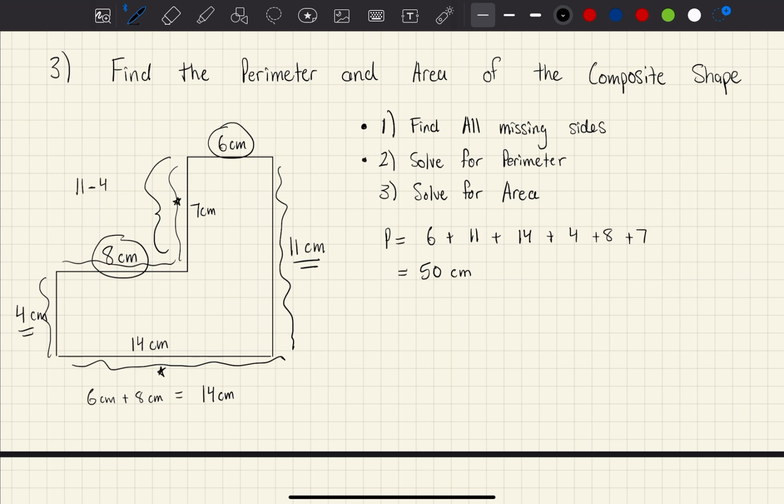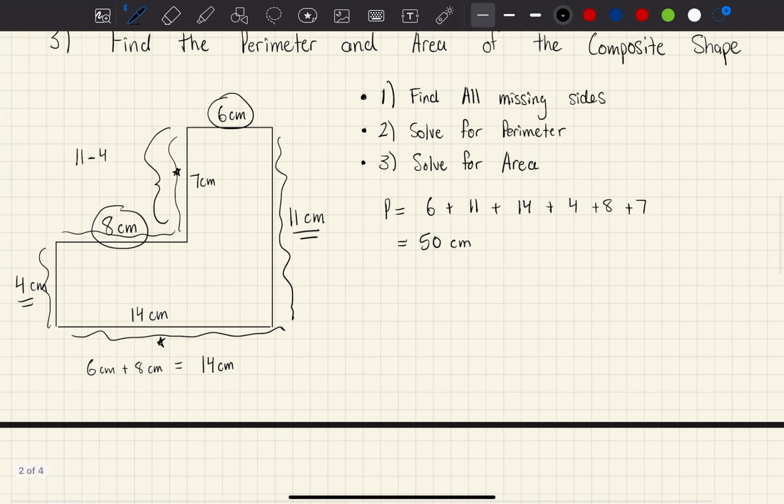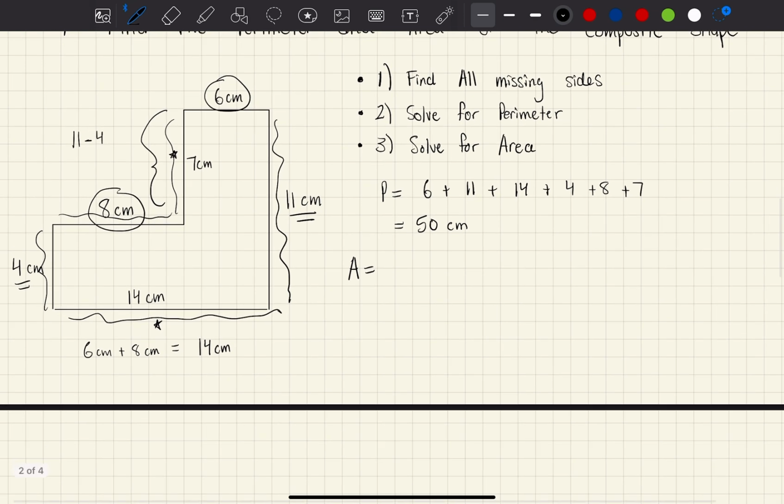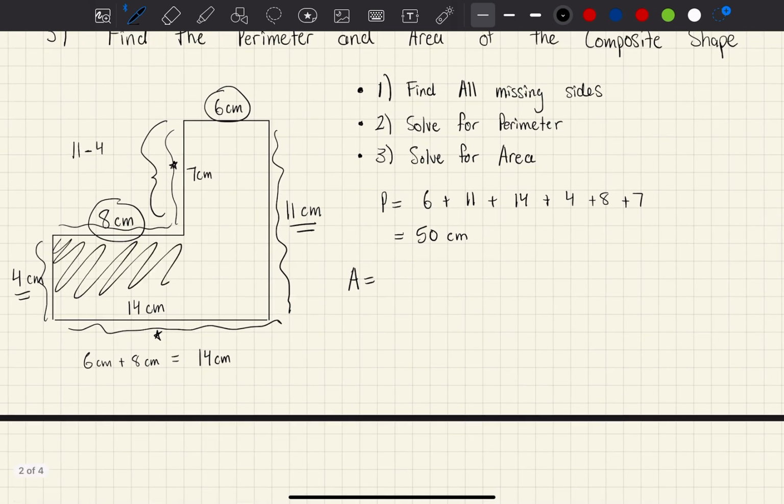So that's checked off. And our last step is solving for the area. So what is our formula for area going to be here? If we want to find everything in this shaded region, the area of the shaded region, our first step is to break that up into two different shapes. We're going to break it up into shapes which we know the formulas for.